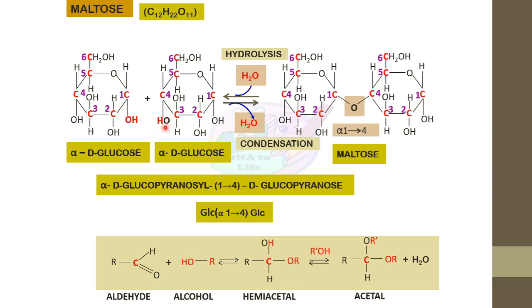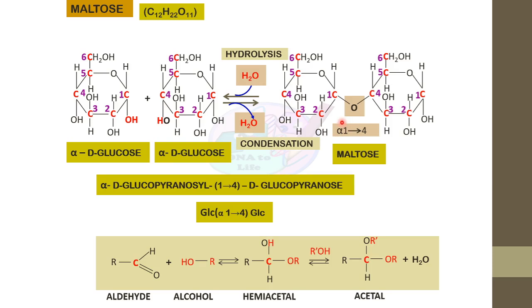So here this OH acts as a nucleophile, it attacks at this carbon, and now water is released, OH from here and hydrogen from here. So water is released here, and now this oxygen bonds with this carbon. Since this oxygen is involved in connecting these two sugars, this bond is called a glycosidic linkage, and this linkage is formed between the first anomeric carbon of this sugar, which is in alpha form.